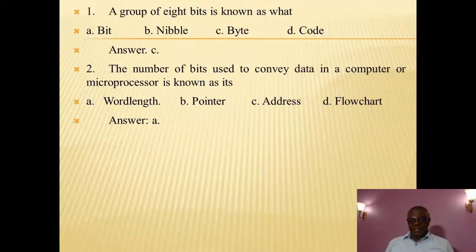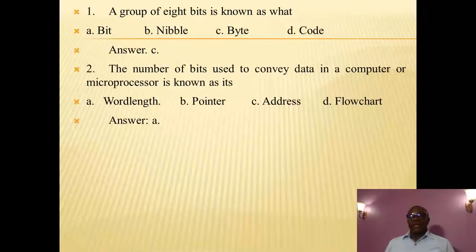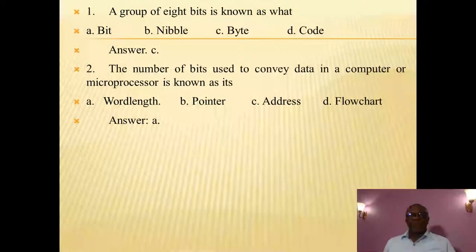The number of bits used to represent a particular information in a computer or microprocessor is known as the microprocessor or the computer word length.